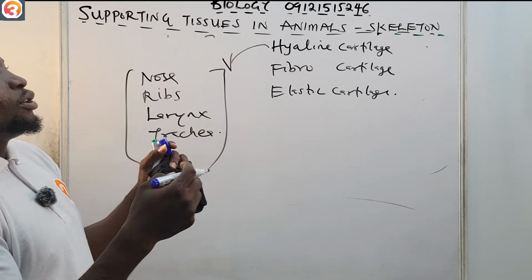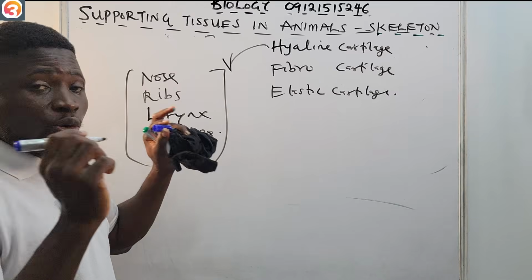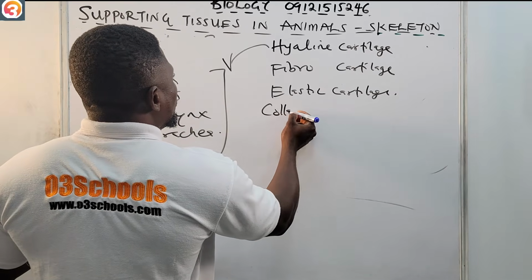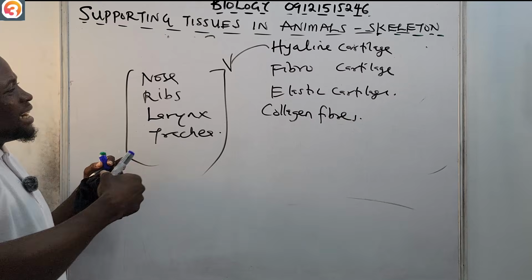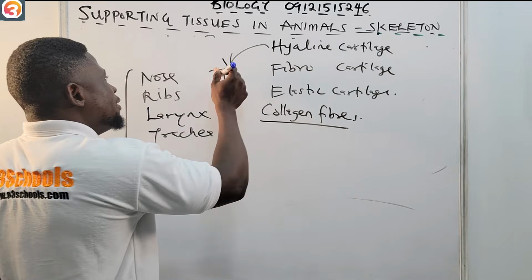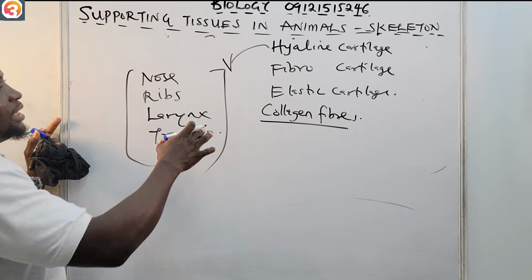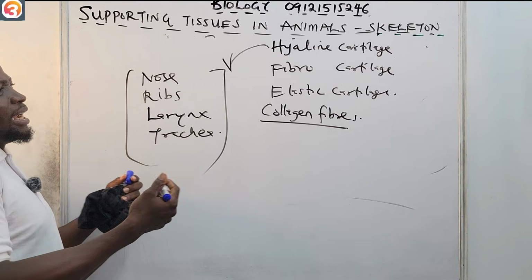It consists of what we call collagen fibers, which help to strengthen the cartilage. These collagen fibers present in this hyaline cartilage help to strengthen the cartilage. It's also the weakest type of cartilage that we have.